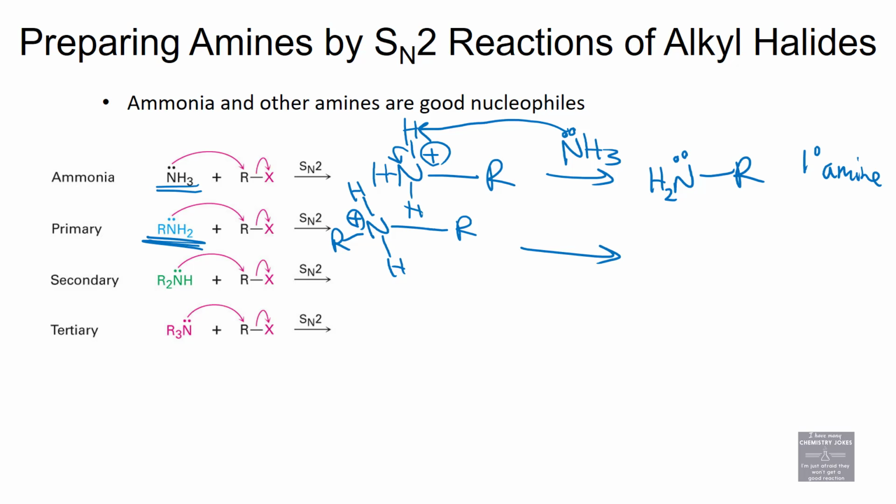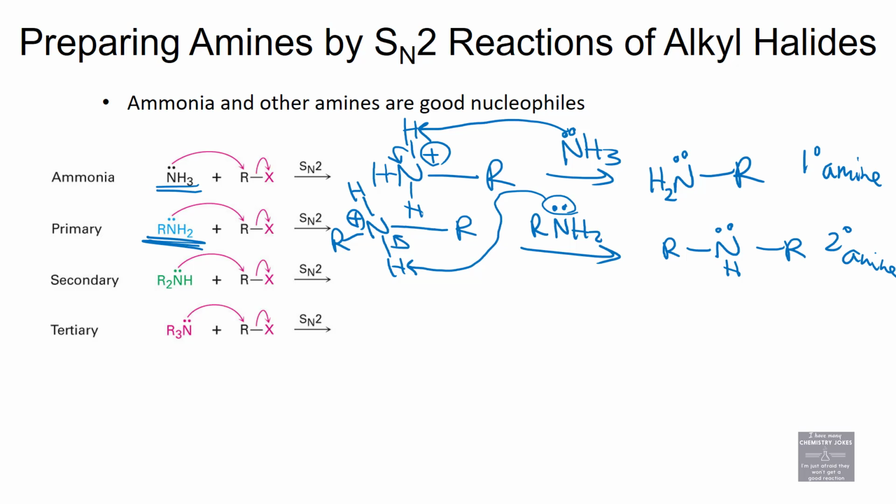But imagine there's still some ammonia left over, or some of the primary amine left over. Amines are bases, so after you make that ammonium it can be cleaned up to make this thing. This is a secondary amine. Look, secondary amines can act as nucleophiles and do substitutions as well.